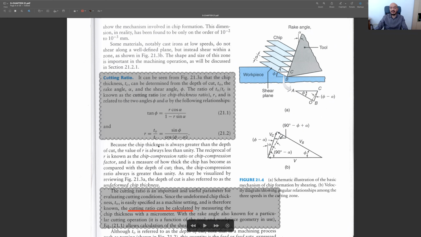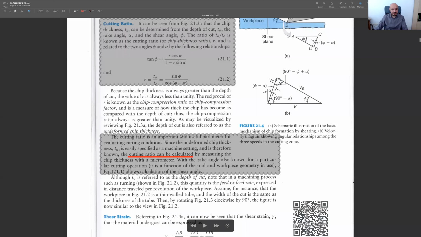You can measure it after machining is performed. You can take some chips, do the measurement, and if you simply divide these values, you can obtain the cutting ratio. Once you have it, then you can use this equation to determine the shear angle, if this is important for you.